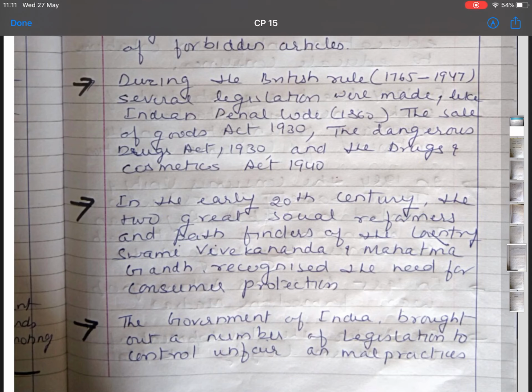He is not an outsider to business. He is a part of it. Business is not doing him a favor by serving him; he is doing a favor to business by giving them the opportunity to do so. So it is very clear what Mahatma Gandhi's views were regarding consumer protection.